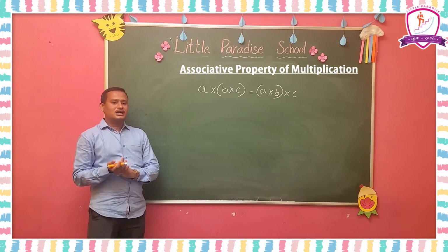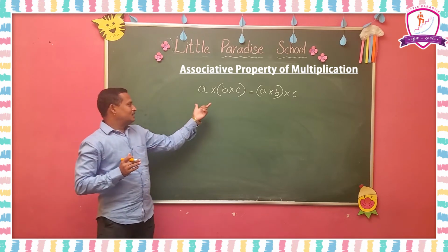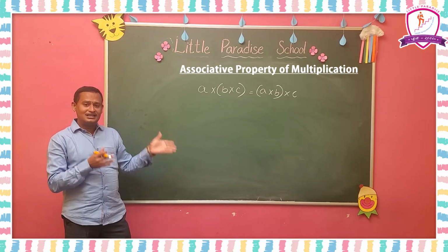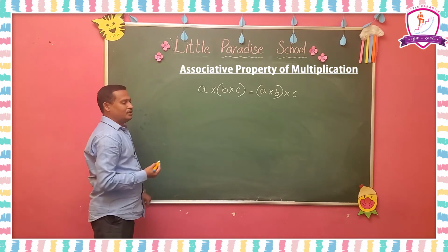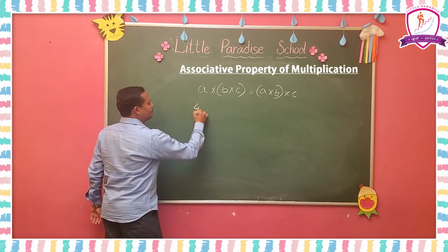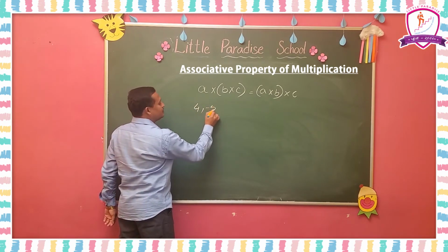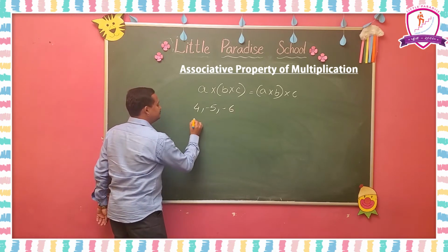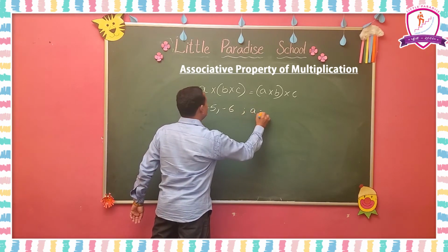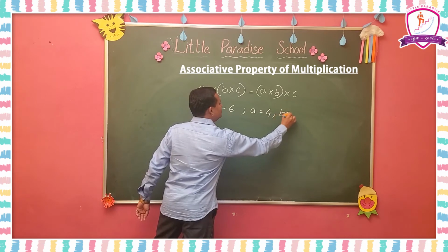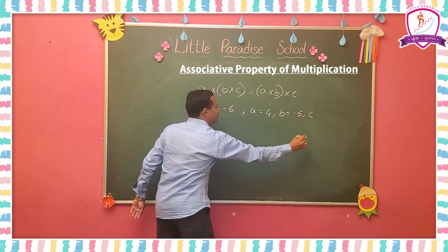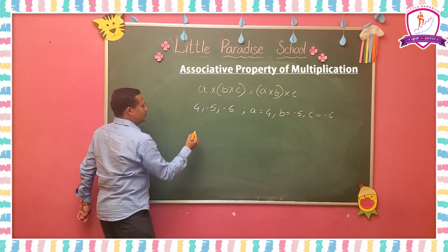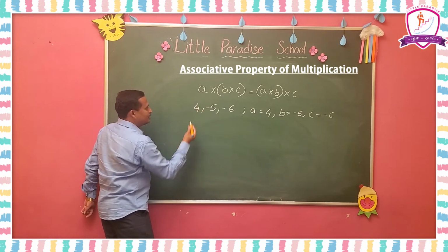So in the associative property, when we multiply three integers in any grouping, we will get the same product. So here I am going to take 4, minus 5, minus 6. So here a is equal to 4, b is equal to minus 5 and c is equal to minus 6. Here we have to do the multiplication like this.